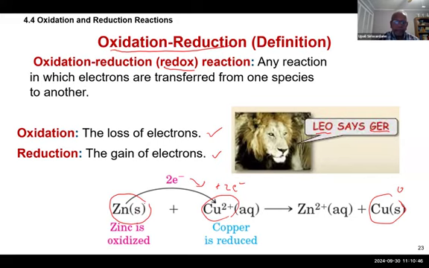Zinc is losing electrons. Who's gaining electrons? Can you tell me who's gaining electrons? Copper, right? So you can figure out which one gets oxidized, which one gets reduced based on loss of electron is oxidation, gain of electron is reduction.